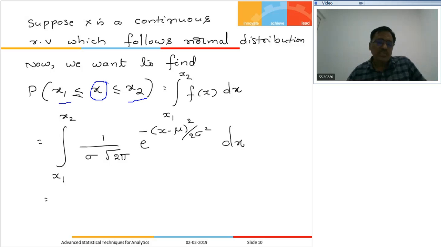Suppose this is 20 and this is 25. We want to find the probability where x takes values between 20 and 25, which is a closed interval.